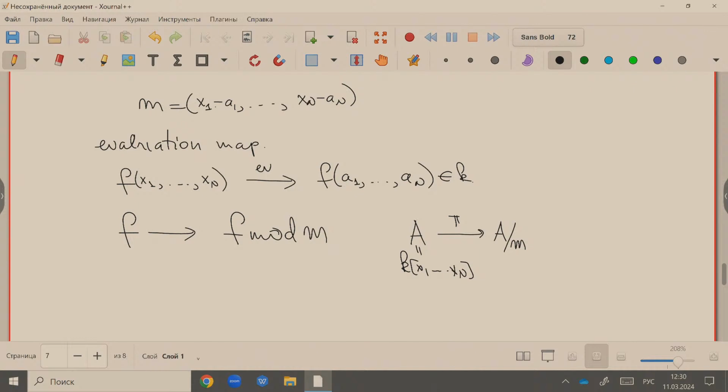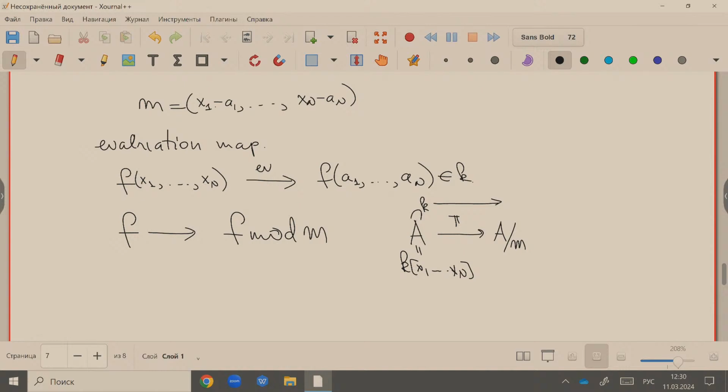Notice that since you are considering an algebra, you have a field here. This gives you the map from the field to this thing.